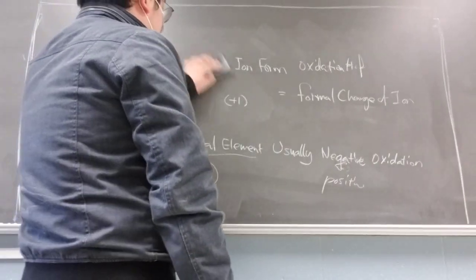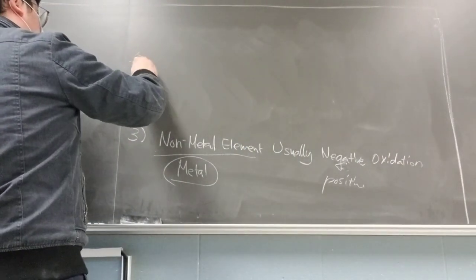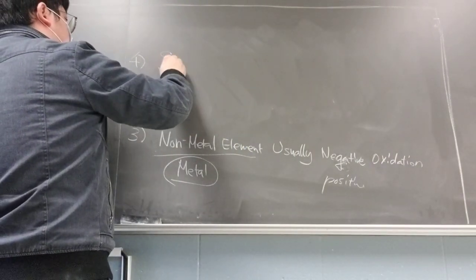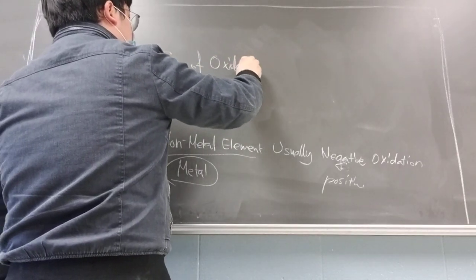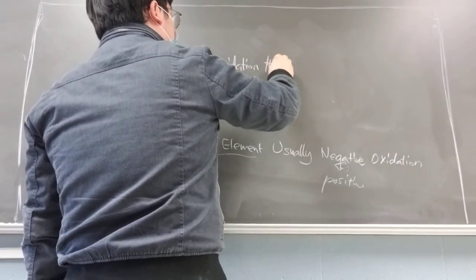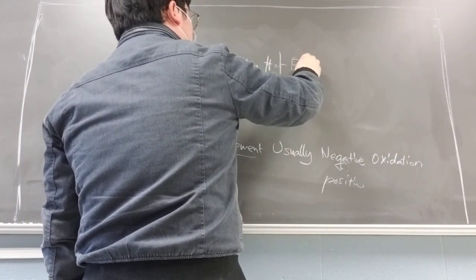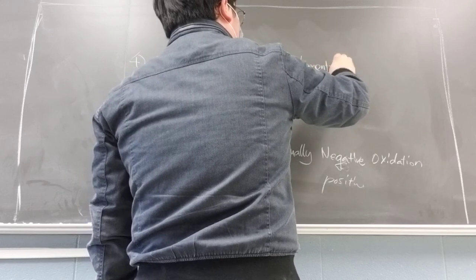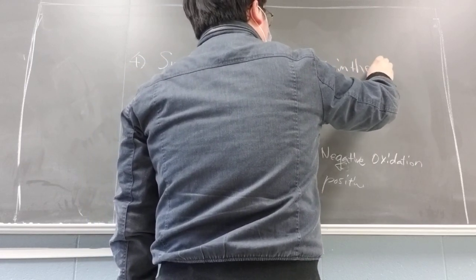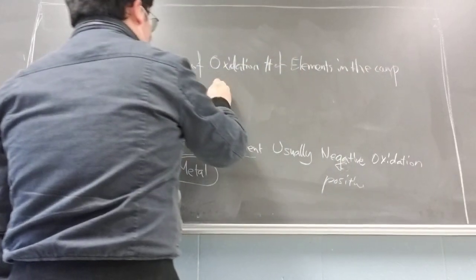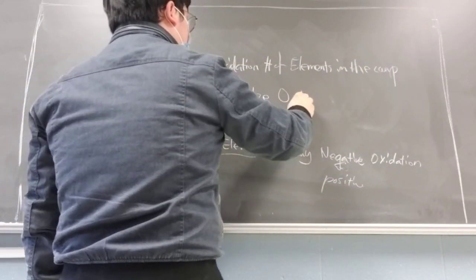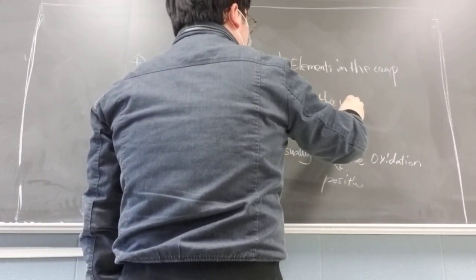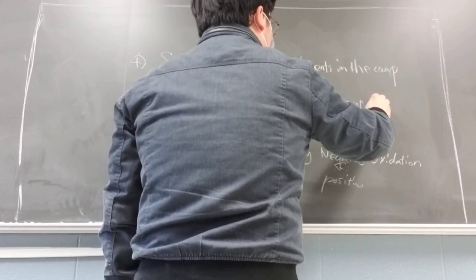The fourth one, if you have the sum of oxidation numbers of elements in the compound, it should be 0 if the compound is neutral.